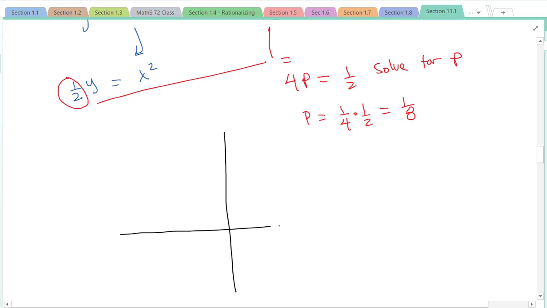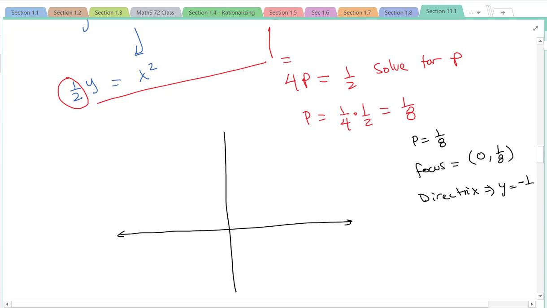When we go graph it, we said this is a vertical axis parabola. And so, because p is 1/8, the focus is the point 0, 1/8, and the directrix is the line y equals -1/8. So we're going to go somewhere over here, 1/8, and somewhere down below the same distance, draw your directrix.